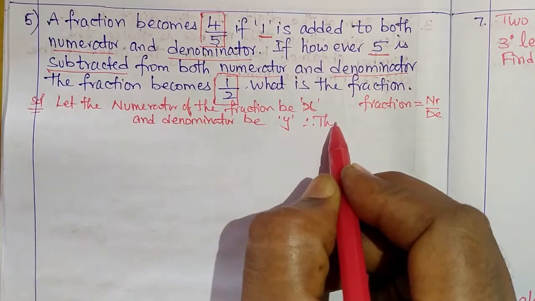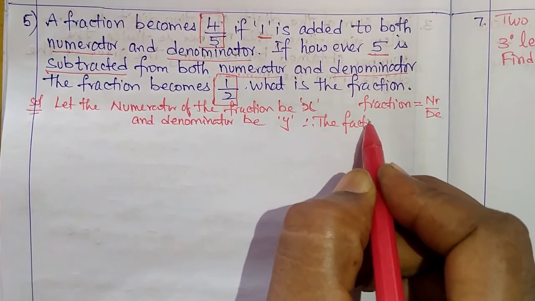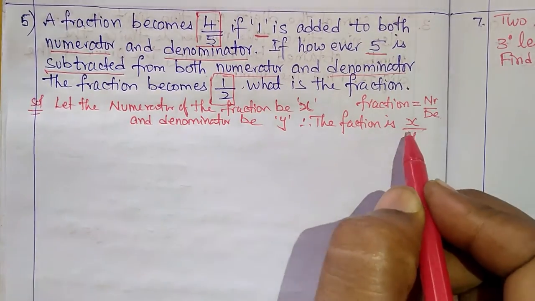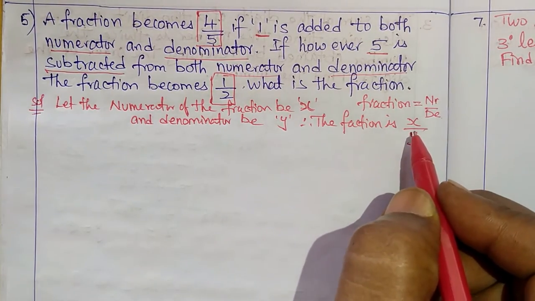Therefore the fraction is x by y. So this is our assumption: the fraction is x by y.